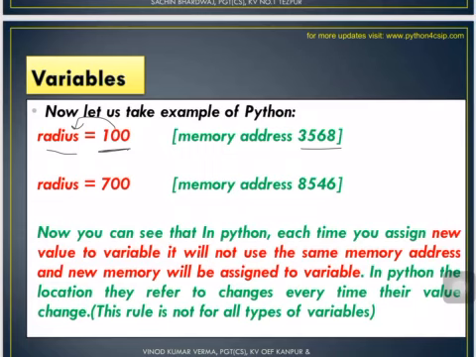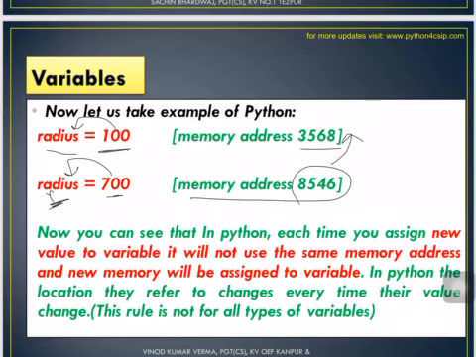Now in the next statement, if I say radius is equals to 700, what will happen? It will not override the value of radius with 700. Rather, radius will have a new memory location where the value 700 would be stored. So now you see the memory address is different from this one.